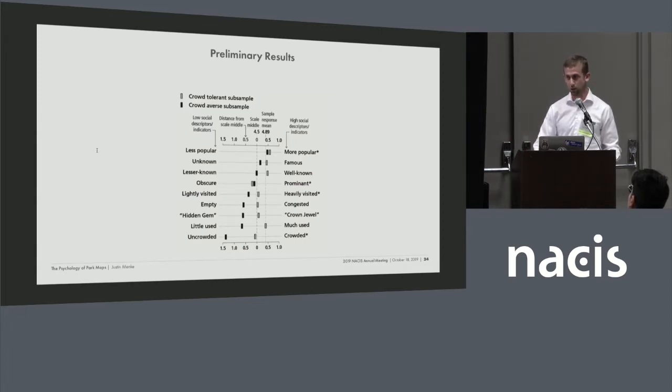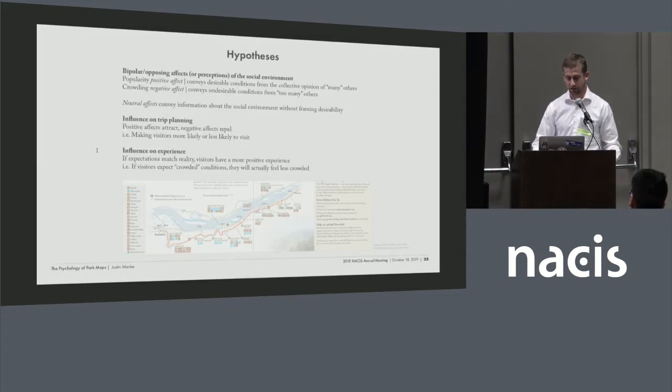So what's going on here? I have some hypotheses to be tested in further research that draws from psychology. There's this concept of affect in psychology, an emotional response, where these terms are framing either positive or negative emotions. Popularity on the one side is conveying a positive affect.